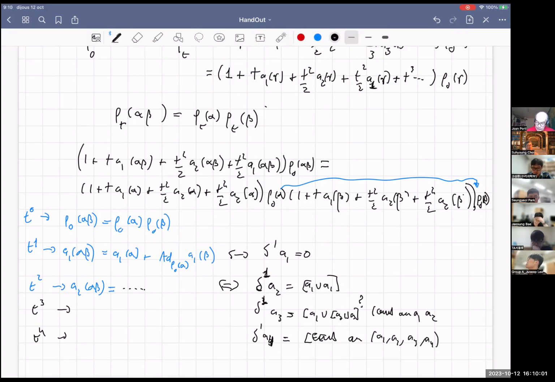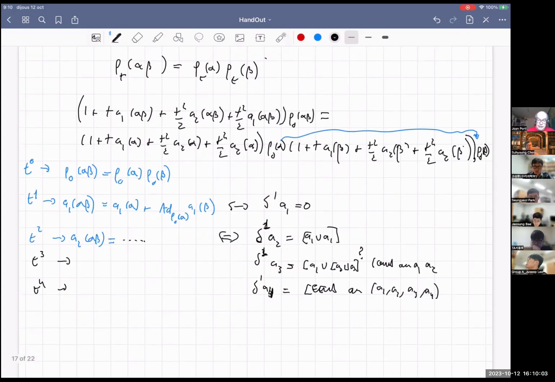The point is that this delta one always goes from one-cochains to two-cochains. So in fact, if you go from here to cocycles, to two-cocycles, it's always delta one. Yeah, it's always from here to here.